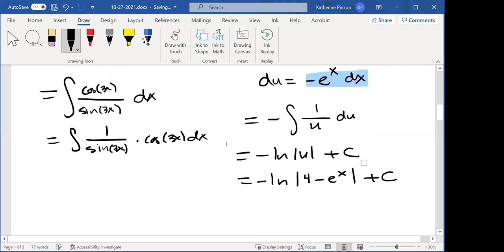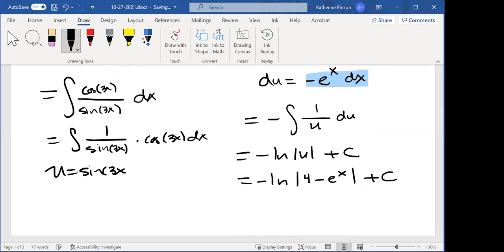Now, what would you pick to be your u? Yeah, the denominator. Let's pick our denominator to be u. u is going to be sine of 3x. What is the derivative of sine of 3x?